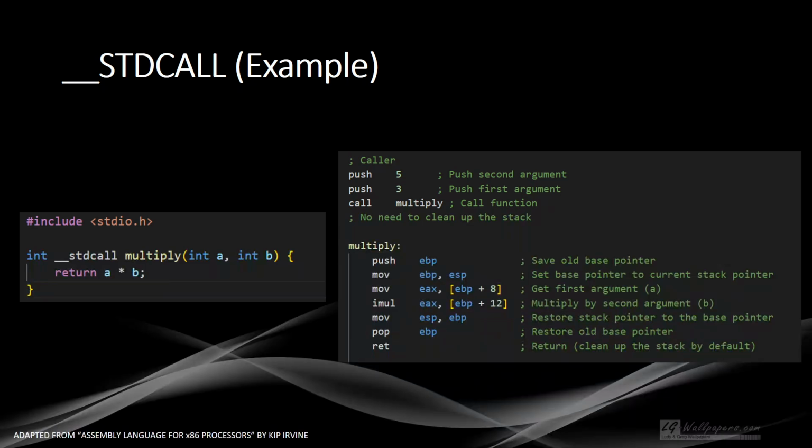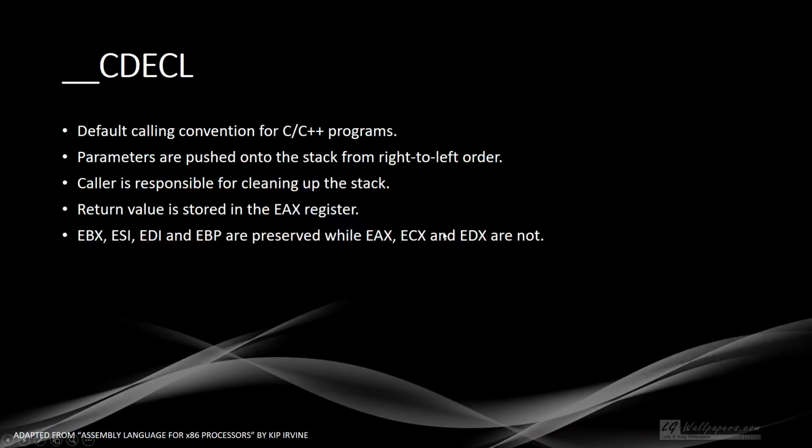And then the multiply function itself is the assembly way of doing the multiplication. You don't need to worry about that part, because the part that is important for us is just that the arguments are passed in right to left order. Alright, and yeah, so this was stdcall.